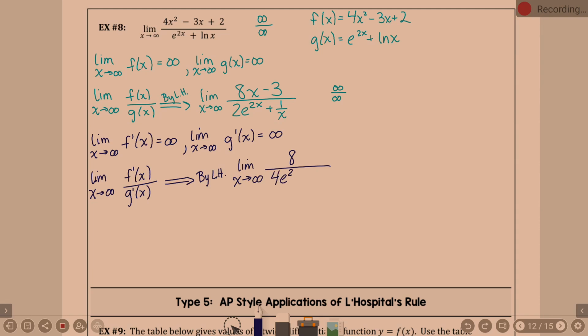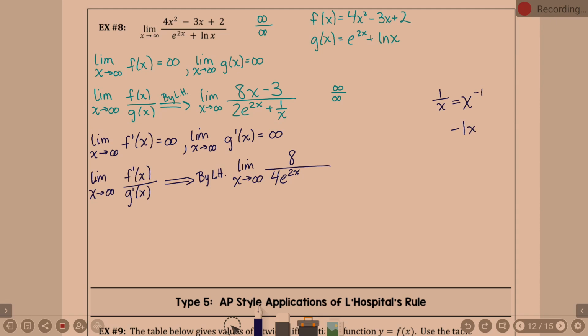Now, what's your brain need to decide? What's the derivative of 1 over x? 1 over x is x to the negative first. What's the derivative of x to the negative first? Negative 1. No, negative x to the negative second.